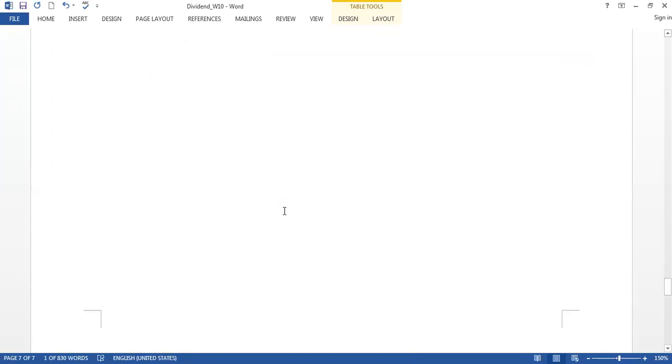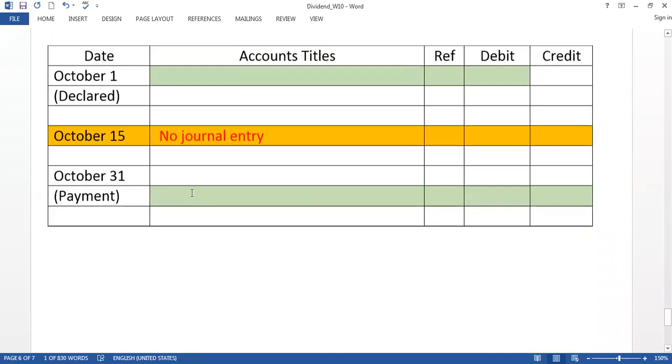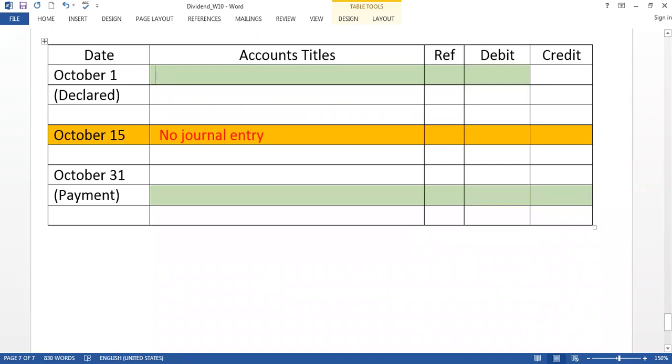So here, look at the theory. When the company declares dividend, dividend increases. And dividend increase means it is debit, right? So we find that dividend is debit.